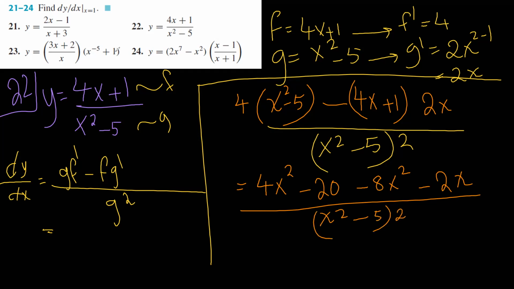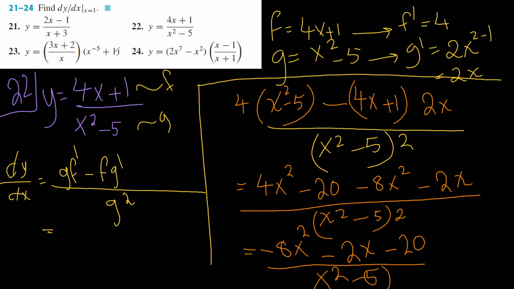So 4x squared minus 8x squared is negative 4x squared, minus 2x minus 20, over (x squared minus 5) squared. Now this is the derivative dy over dx for function number 22.